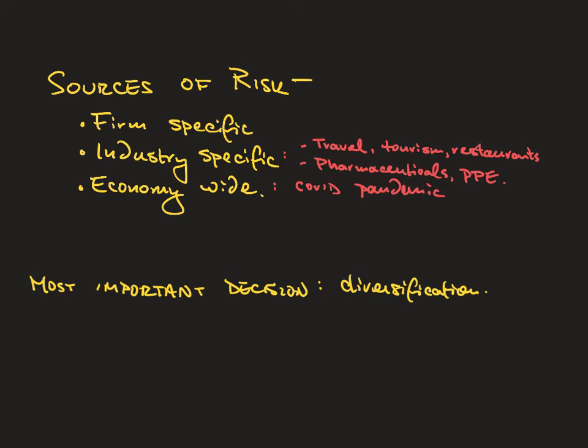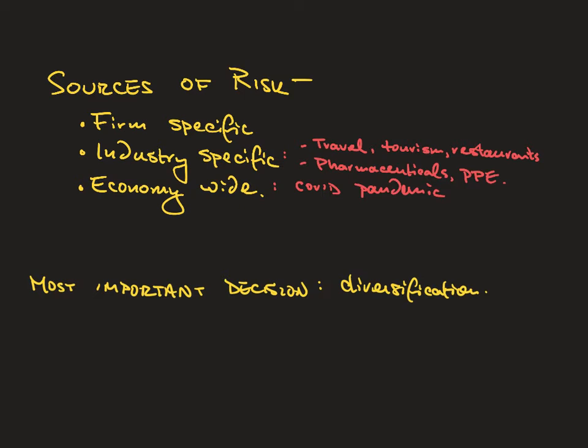So when I say these are industry-specific shocks or risks or uncertainties, they impact a whole industry. We can say that all the companies that do travel were impacted similarly.